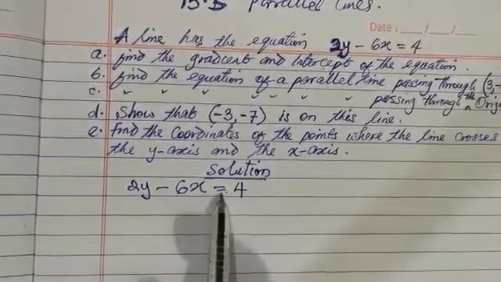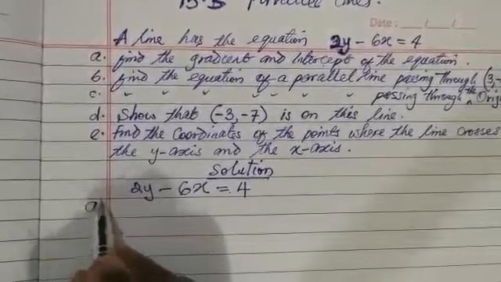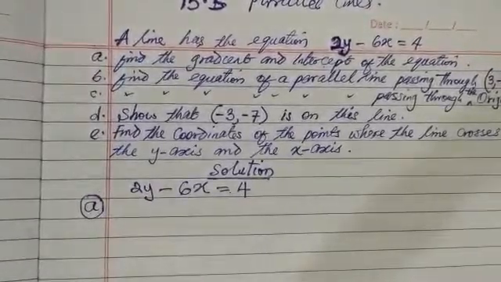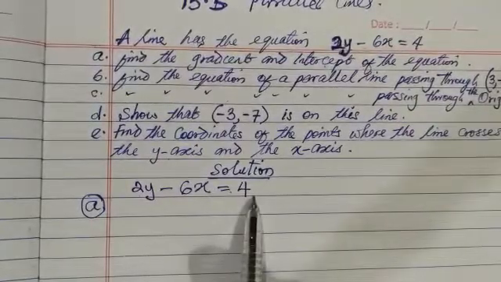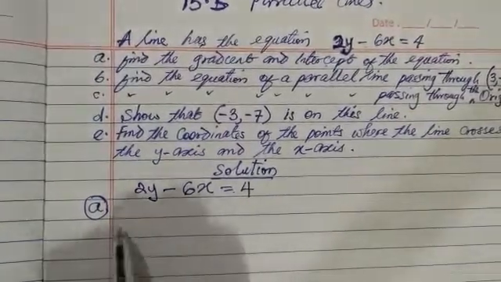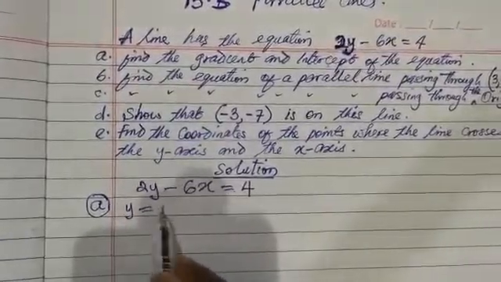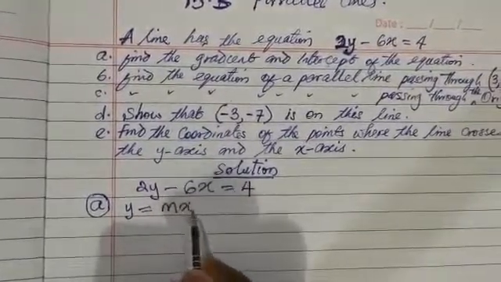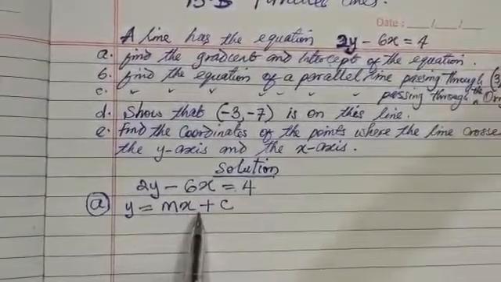If you're asked to find the gradient, first of all, I'm not going to leave it this way. What I'm going to do is put it in the form y equals mx plus c. Don't forget, always put it in this form.